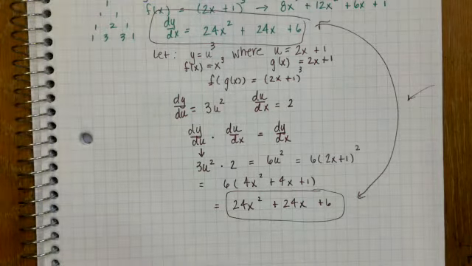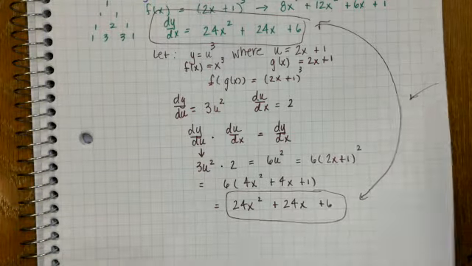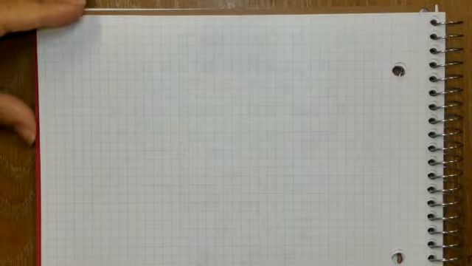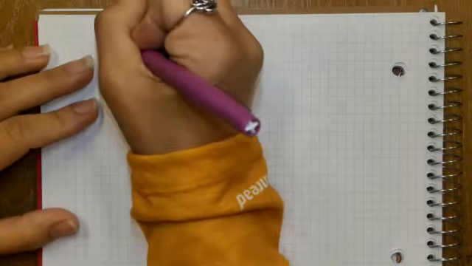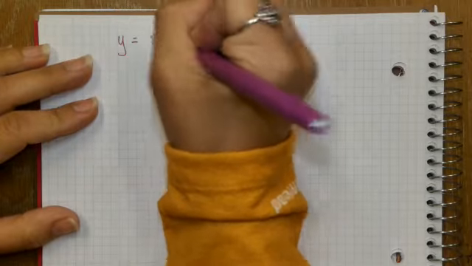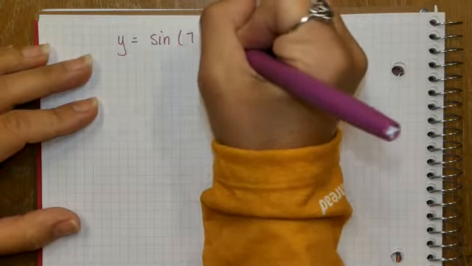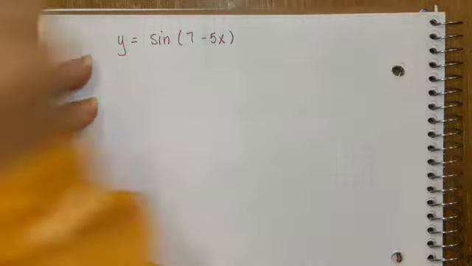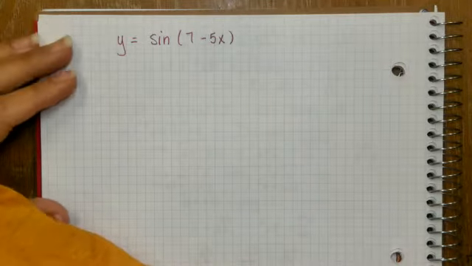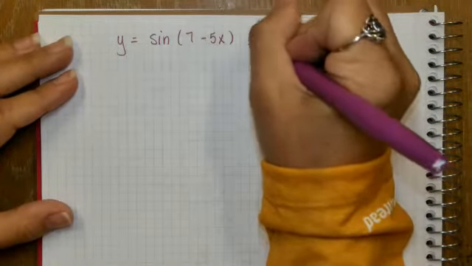Let's do another one involving a trig function. Okay, so let's say you're given y is equal to the sine of 7 minus 5x. You can't just say that the derivative of sine is cosine.